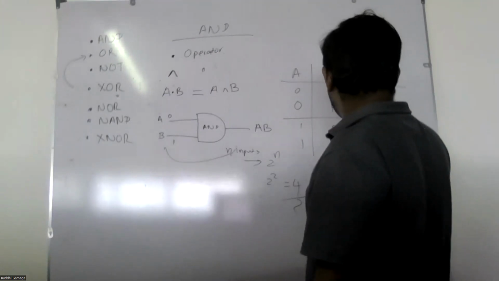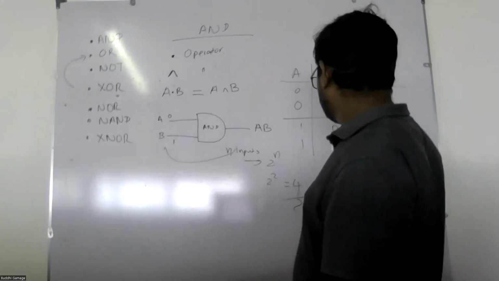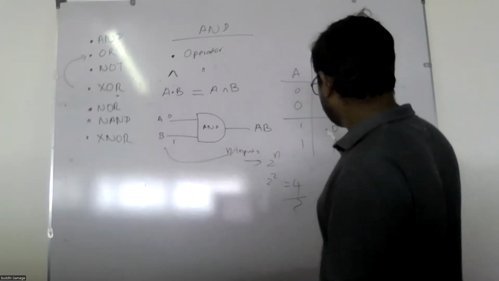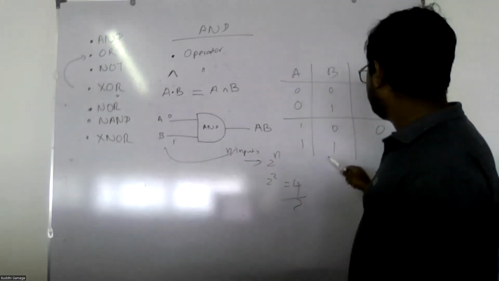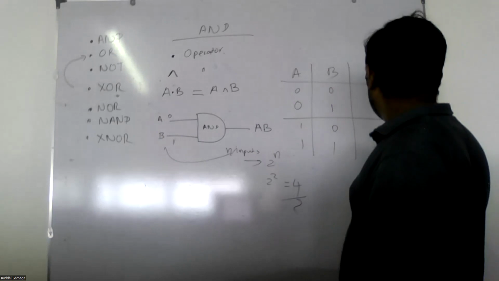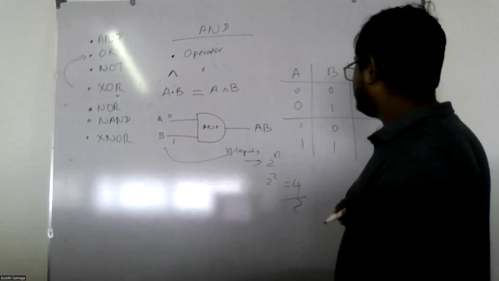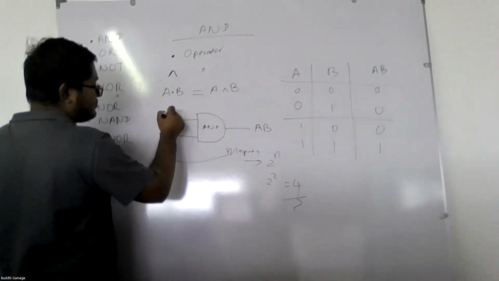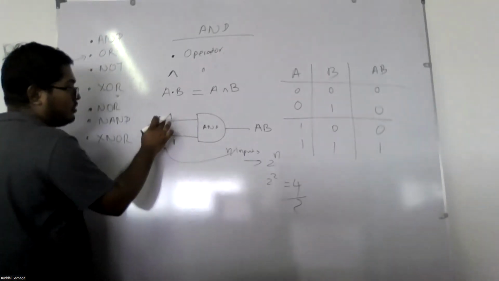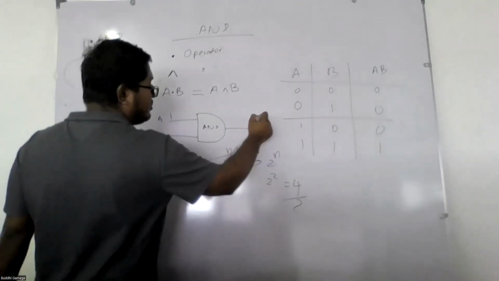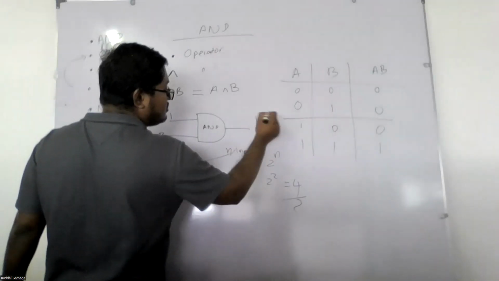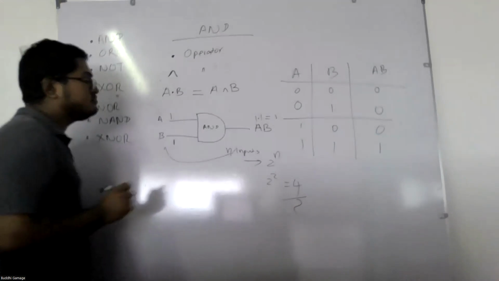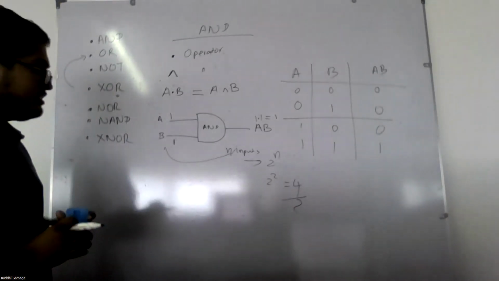For this one also 0. It will be true only if all the inputs are true, then the output is also true. That means both inputs need to be true, then only the output will be true. That's how the dot operator works.